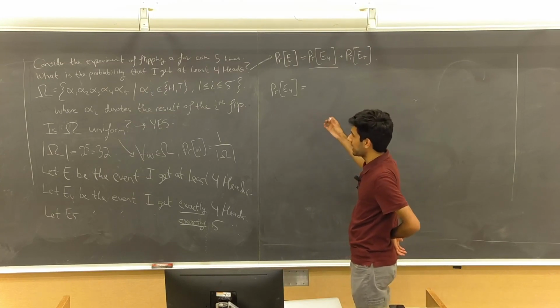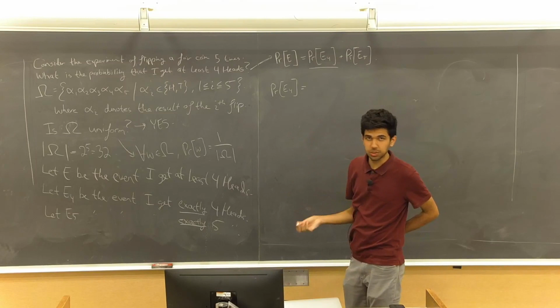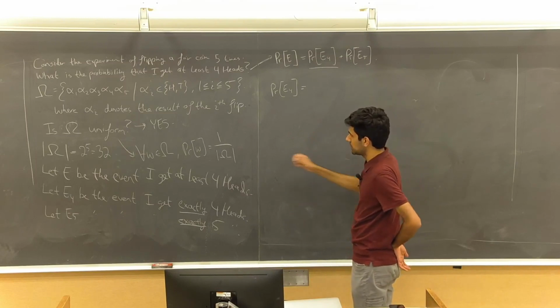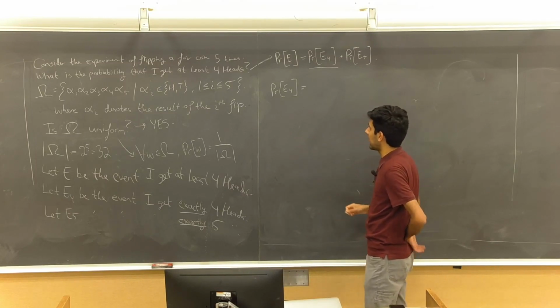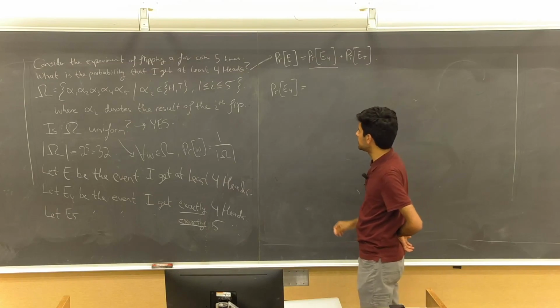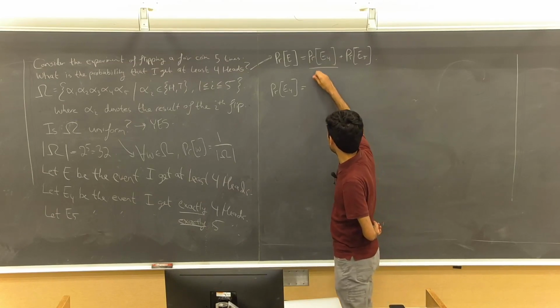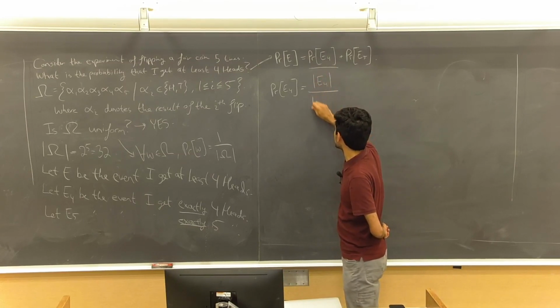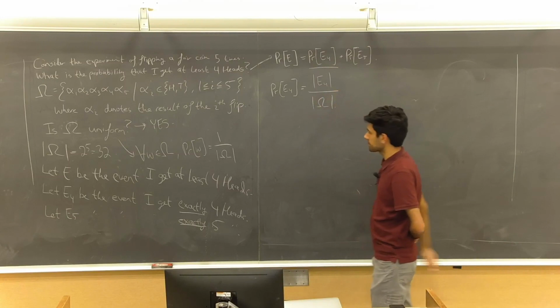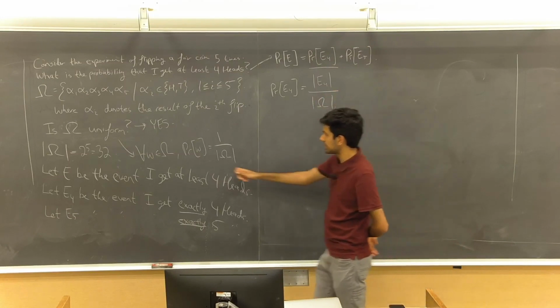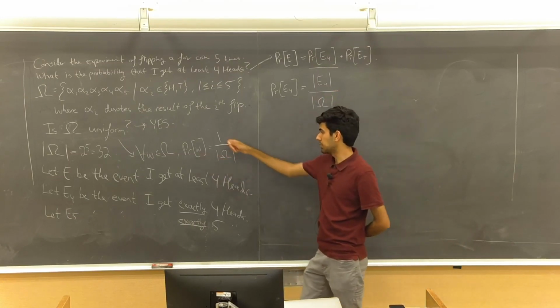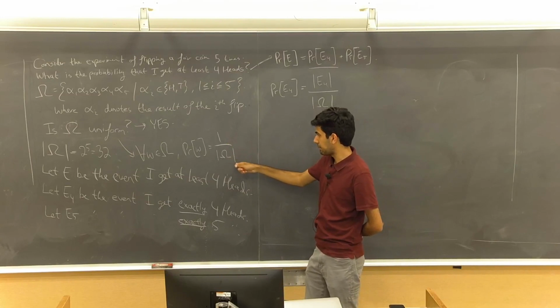Okay, we'll use the fact that omega is uniform. The reason why this is such a helpful thing to have is when omega is uniform, we can use the fact that the probability of an event E4 is equal to the cardinality of E4 divided by the cardinality of omega. This follows from the fact that each outcome has the probability 1 over omega of happening.